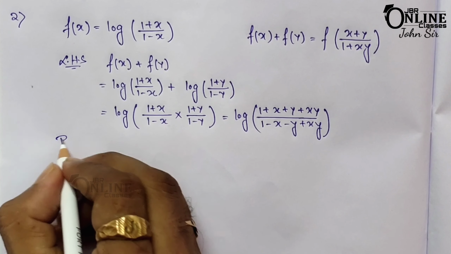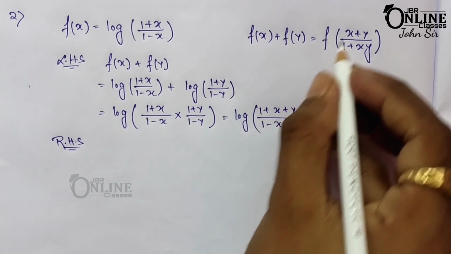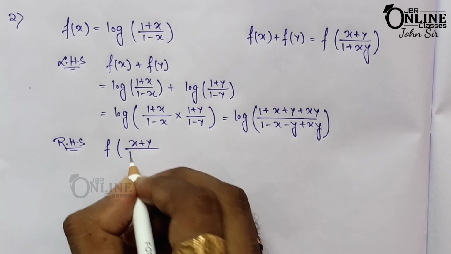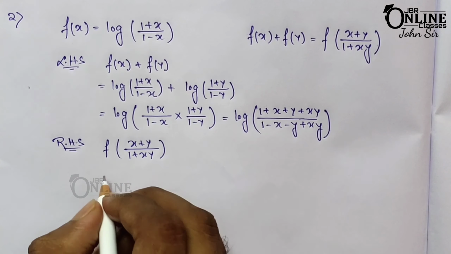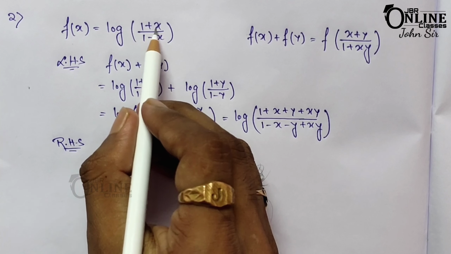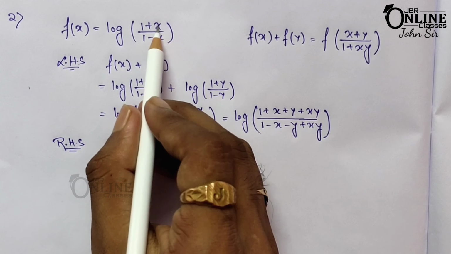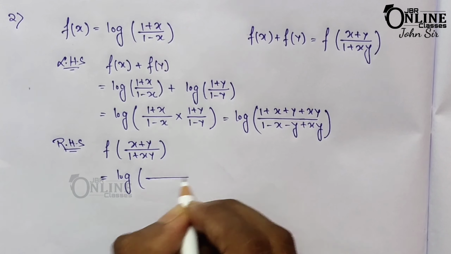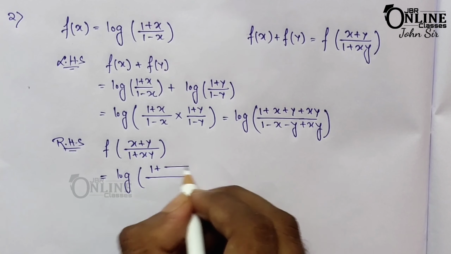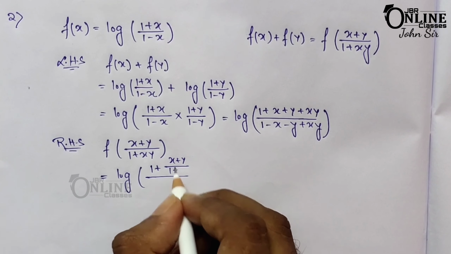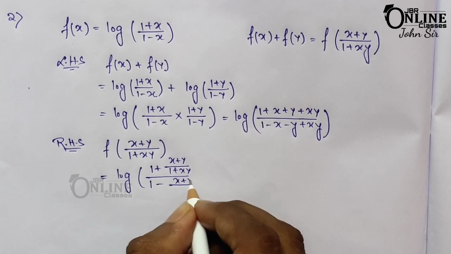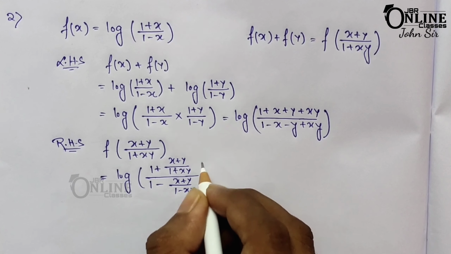Now the right hand side, RHS, you have f of (x plus y) by (1 plus xy). That means instead of x you have to write down the whole thing. So it will be now log of 1 plus (x plus y) by (1 plus xy), over 1 minus (x plus y) by (1 plus xy).